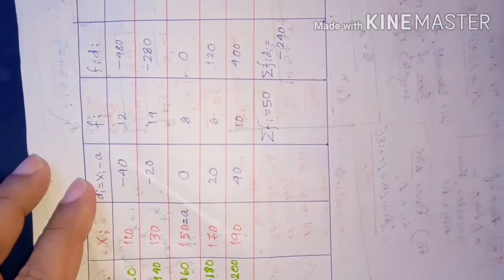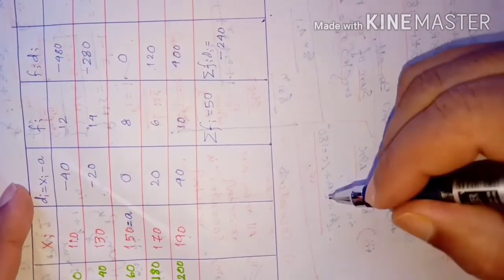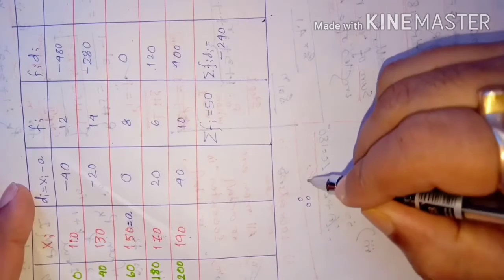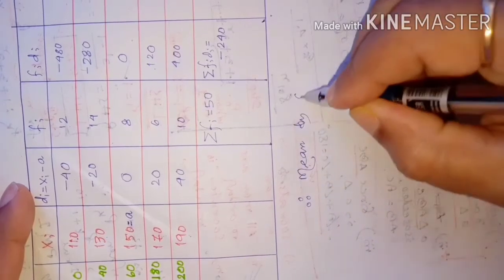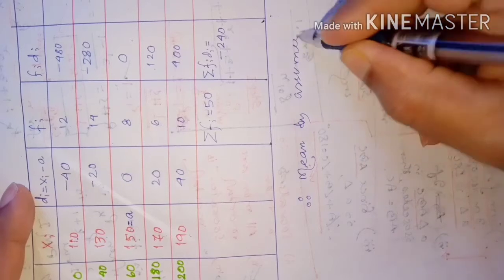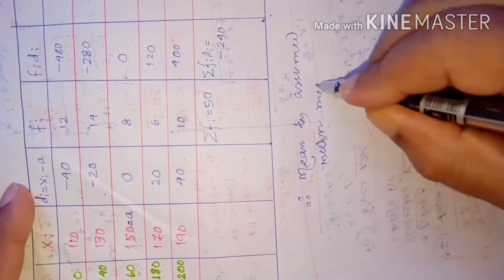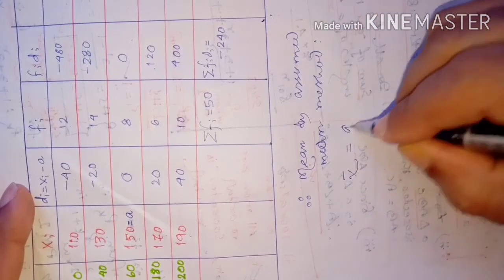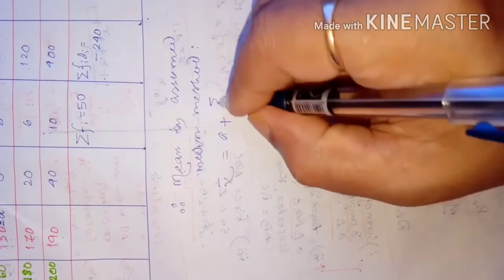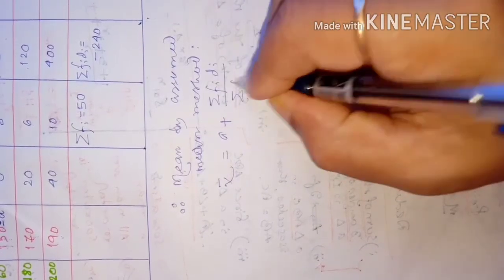So now the formula for finding the mean by the assumed mean method. Therefore, the mean by assumed mean method will be x bar is equal to a plus sigma fi di divided by sigma fi.